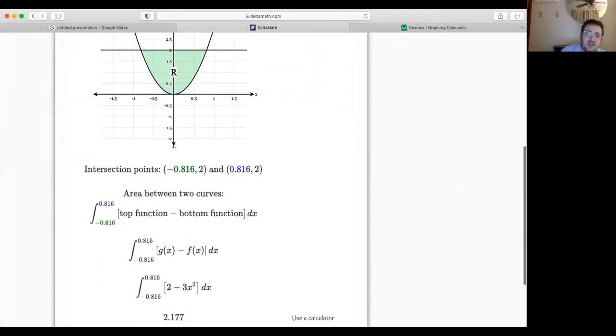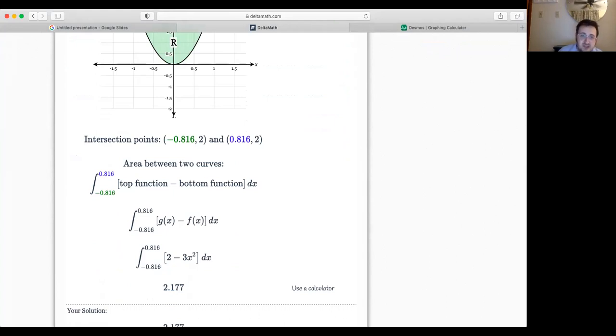I also really like how they think through the intersection points and conceptualize the integral as well. All you really have to do is conceptualize top minus bottom, or we'll see a more complicated situation in the next example.